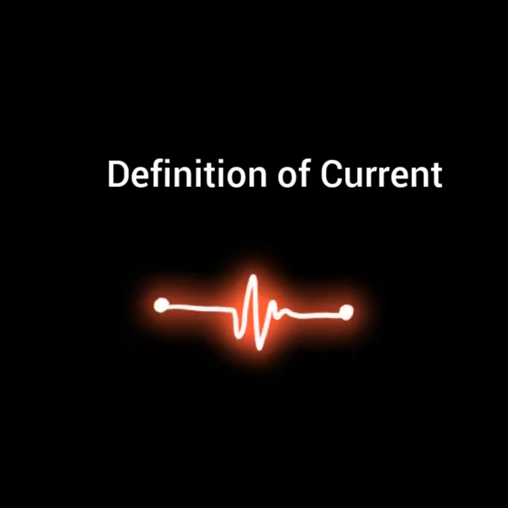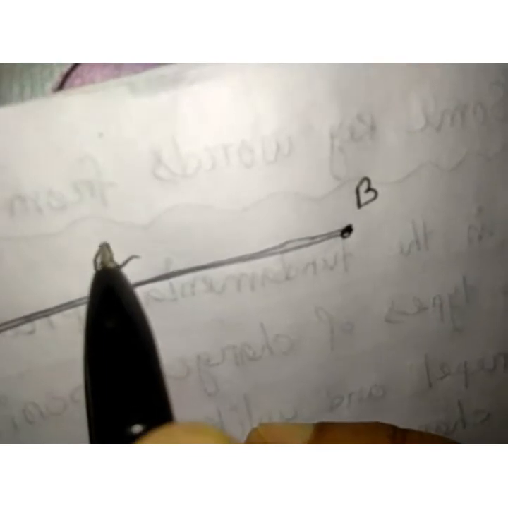Okay, look, AB is a conductor. Through this conductor, charge Q is flowing along the conductor, but to cross this distance it takes time t.